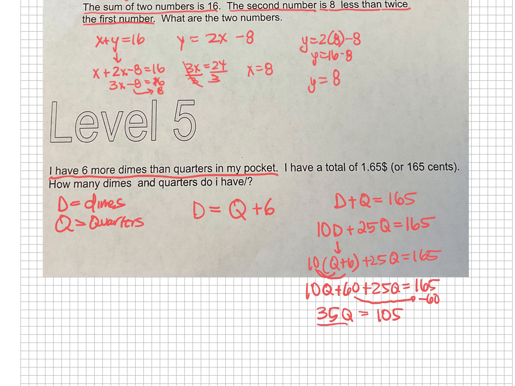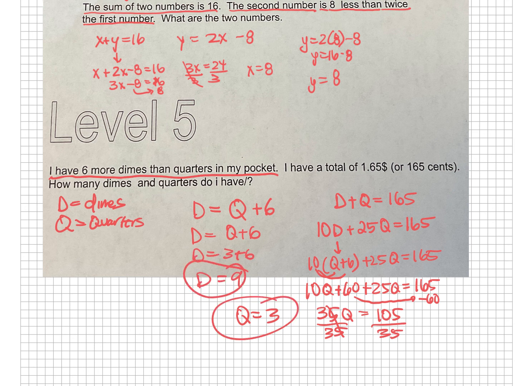Okay, I'm going to divide by 35. And turns out I had quarters equals 3. I had 3 quarters. 105 divided by 35 is 3. And dimes equals quarters plus 6. So dimes equals 3 plus 6, and I had 9 dimes. All right, good luck.